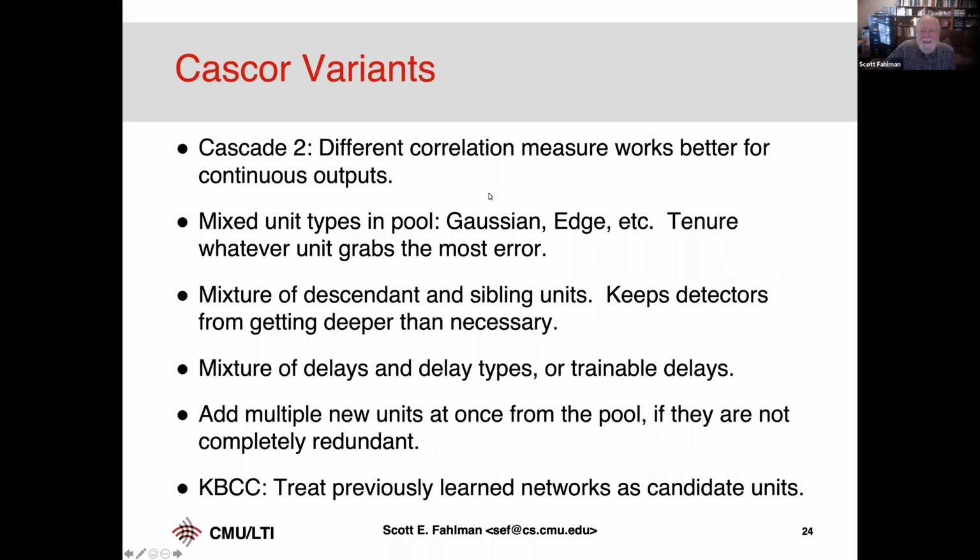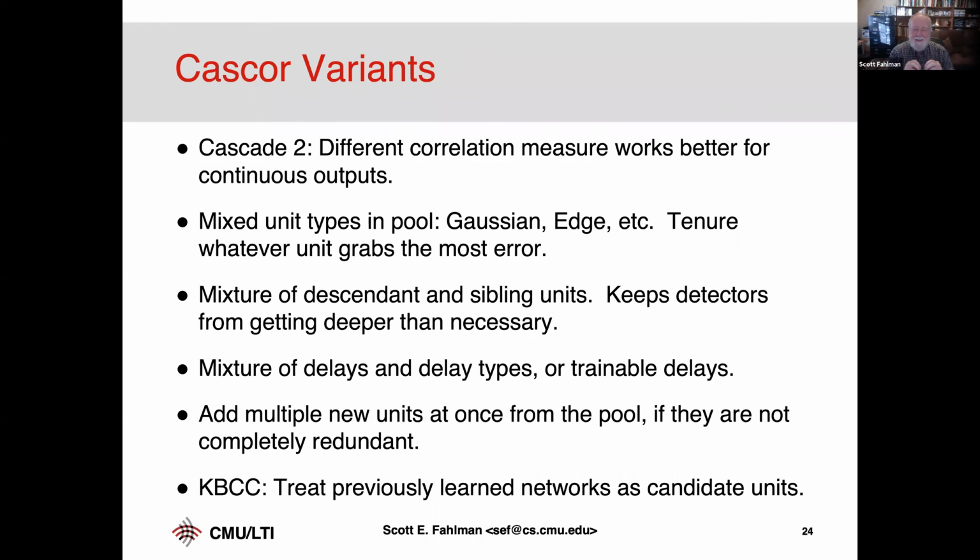All right. So different correlation measures work better. I talked about that. It bothered people that these networks were getting deeper and deeper, and you might not need that. There's kind of a propagation delay. So with a student, Shumeet Baluja, I did write a paper about mixing descendant and sibling units. It got rejected.